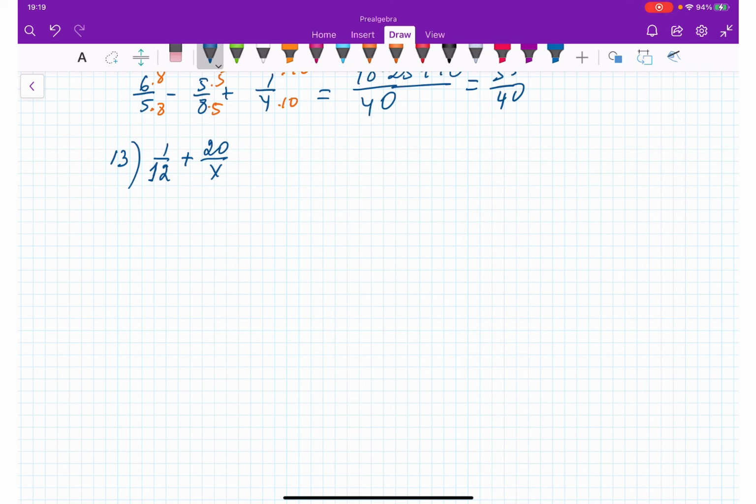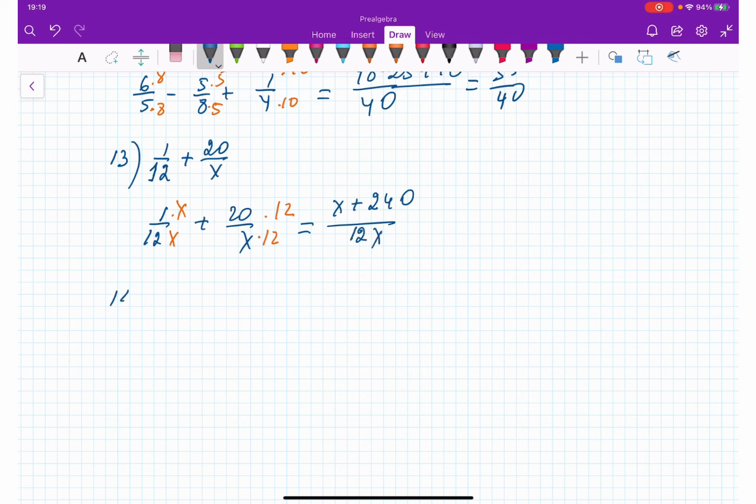Common denominator going to be 12x. Let's write down 1 over 12 plus 20 over x. Which means this one I multiply by x, this one I multiply by 12. And the answer is x plus 240, and here we have 12x.